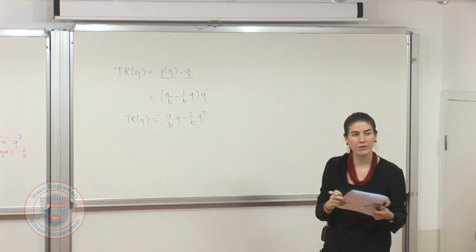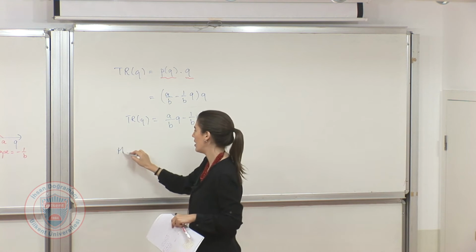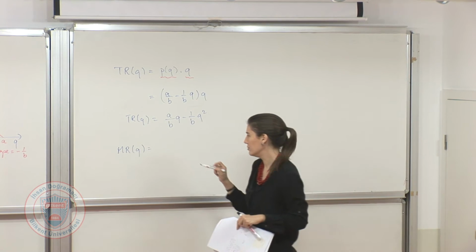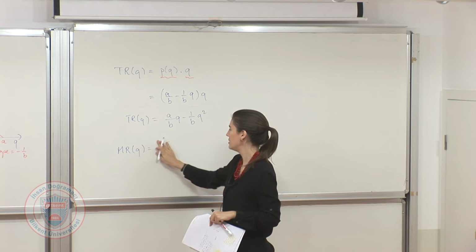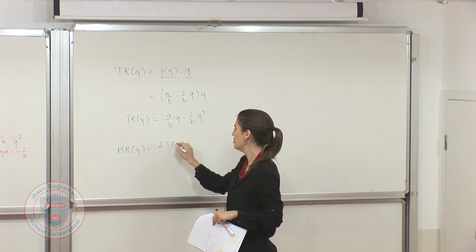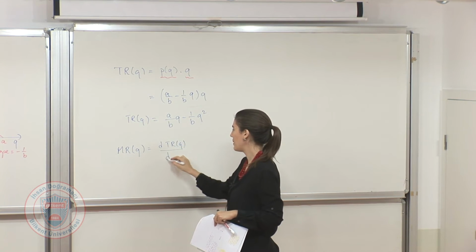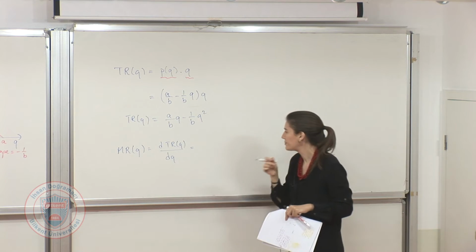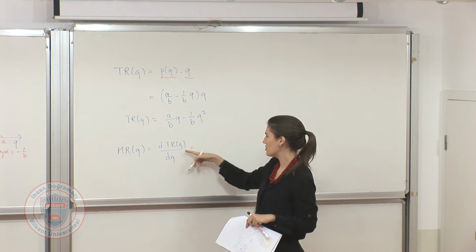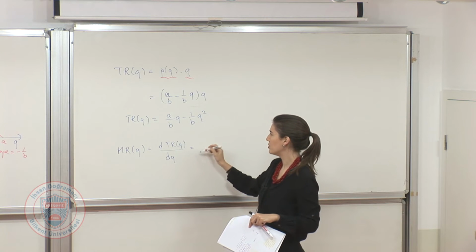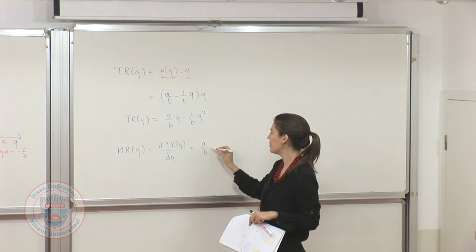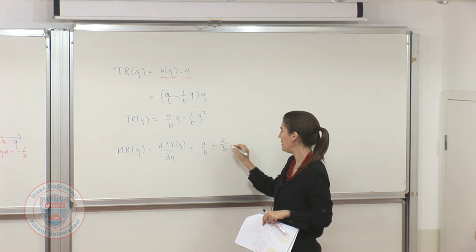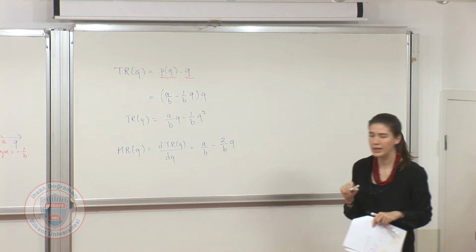What is marginal revenue? It's the derivative of the total revenue with respect to Q. If I take the derivative with respect to Q, it's going to be A over B minus 2 over B Q, right?